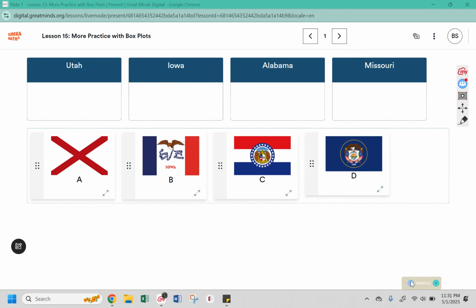Each section has 1/4 of the data, which means none of them have more than another. They all have 1/4. They all have the same amount.